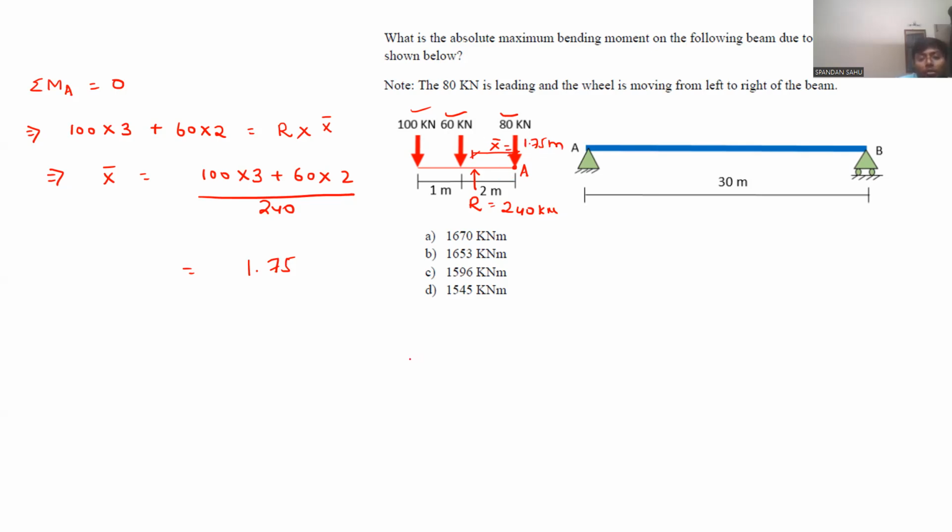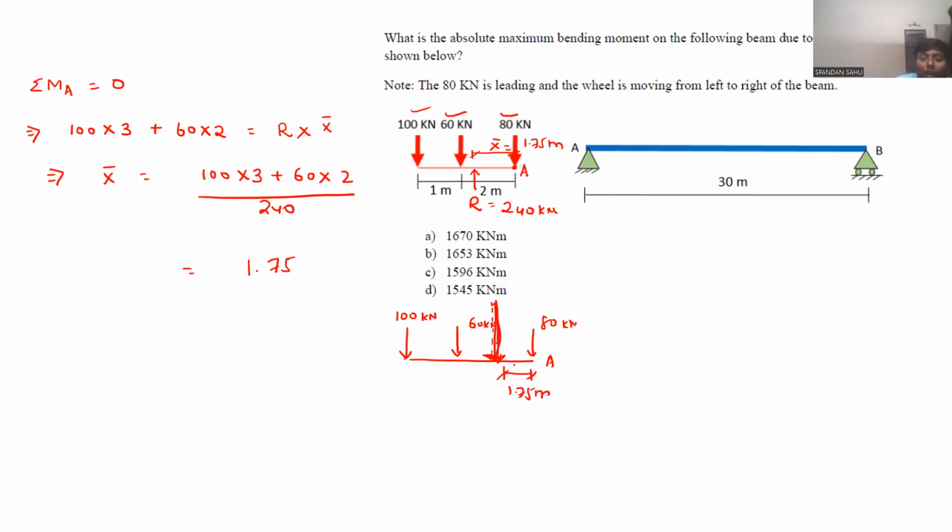Now, you got here this is 100 kilonewton, this is 60 kilonewton, this is 80 kilonewton, and your resultant is acting here, which is at a distance of 1.75 meter from this point A. Till this point it is clear.